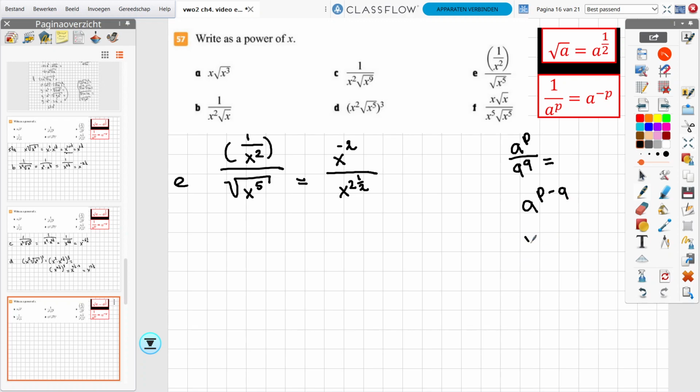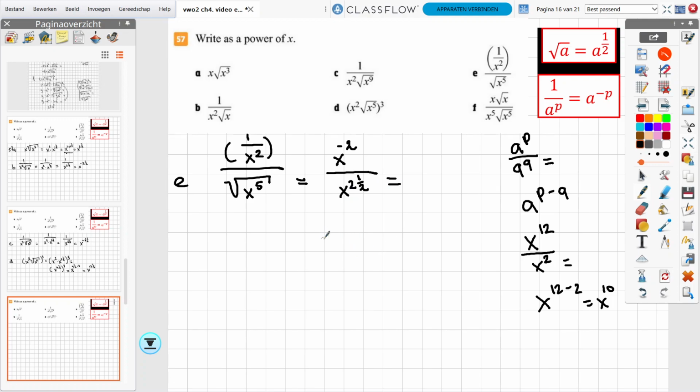That meant if you had something like this, x to the power of 12 over x to the power of 2, that would be the same as x to the power of 12 minus 2, which is x to the power of 10. And this is the abstract rule. This is an example of the rule with p being 12 and q being 2. Here we can apply this rule because this is division with powers with the same base. So we got x to the power of minus 2 over x to the power of 2.5.